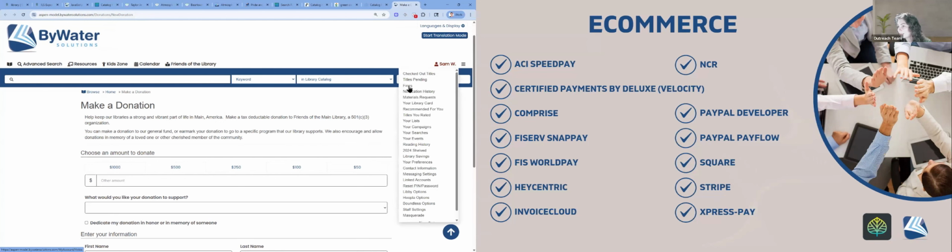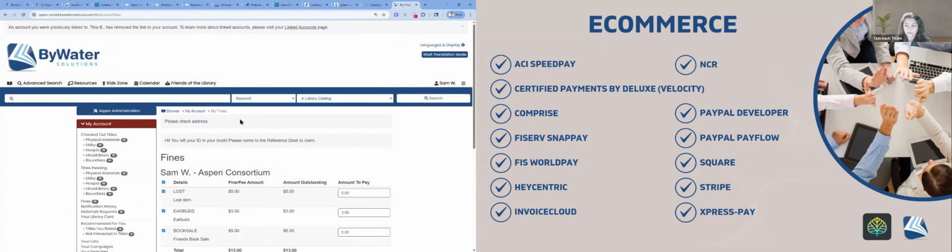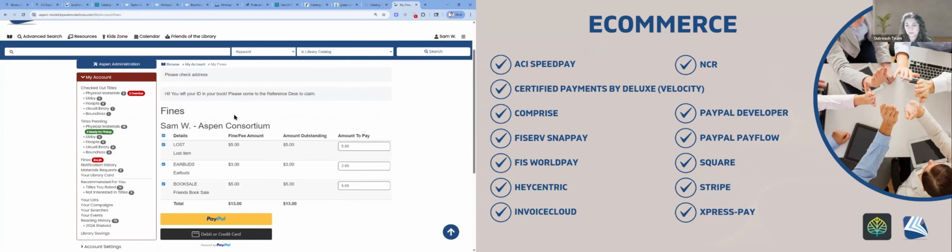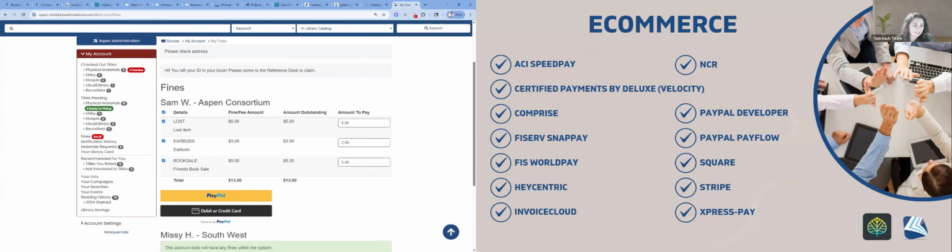And I would like to demonstrate this functionality using our test user. So again, I can make those payments directly in the user account. We currently have over 14 integrations with e-commerce. This one has PayPal set up.